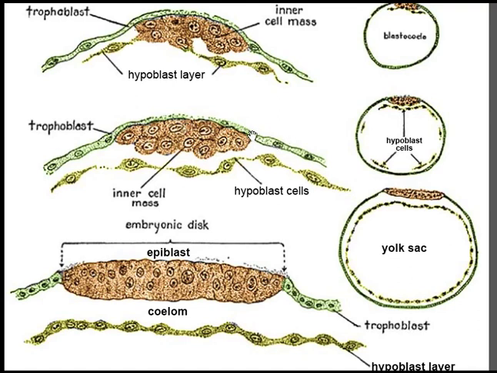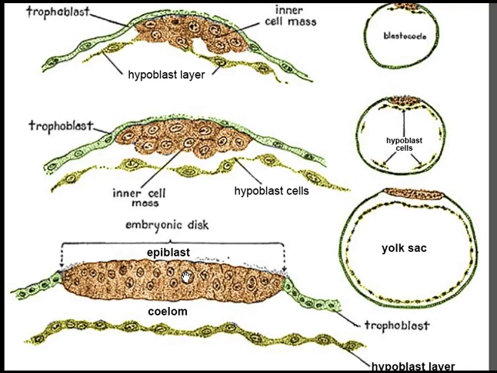Now, in our domestic mammals, what happens is that these trophoblast cells degenerate over the inner cell mass, and that produces this situation here, which we can now call the epiblast. So the future embryo is right at the surface in our domestic mammals. It's different in primates and rodents.